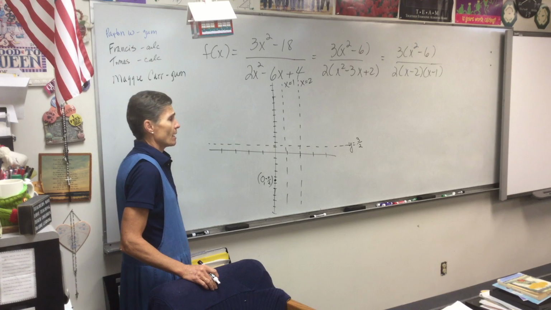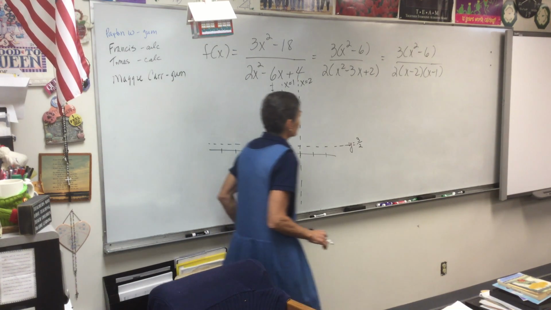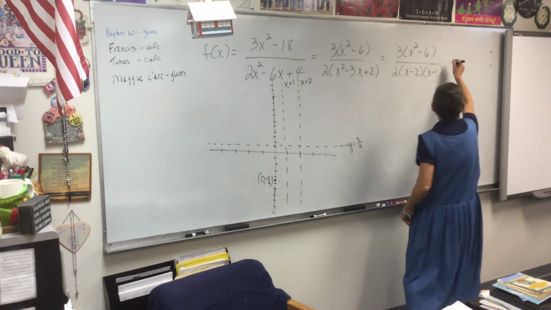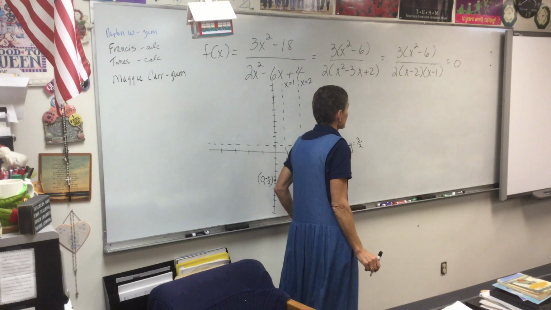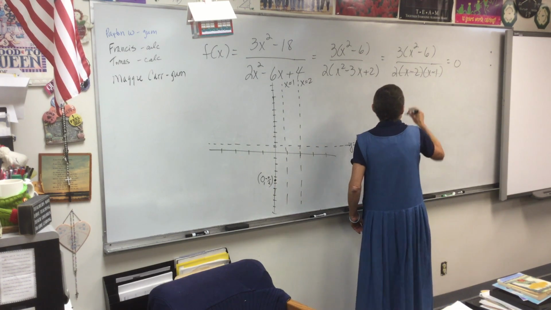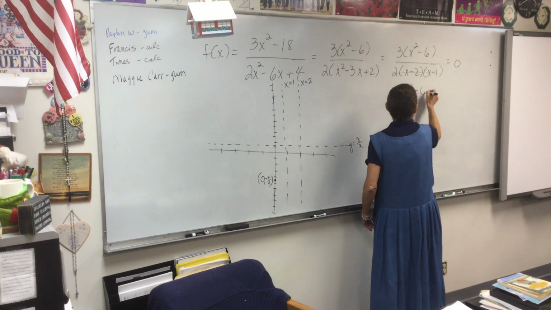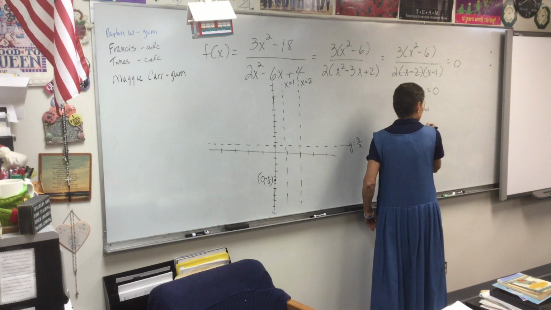How about X-intercepts? If you set this thing equal to 0 to get the zeros, what happens to the denominator? So we're going to solve x squared minus 6 equals 0. So x squared equals 6 and x equals?